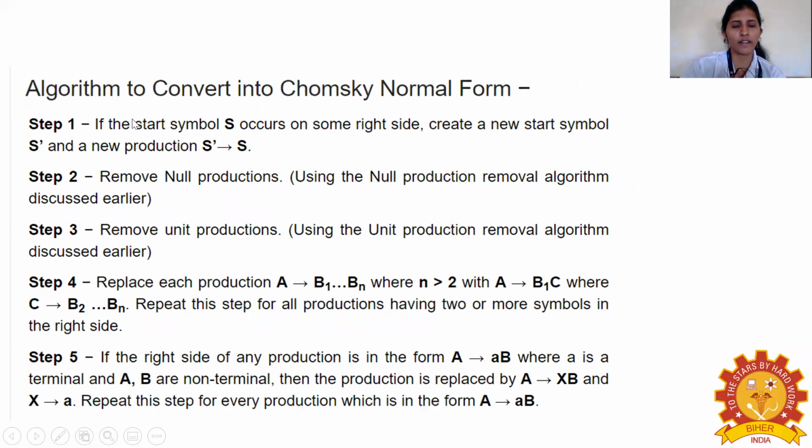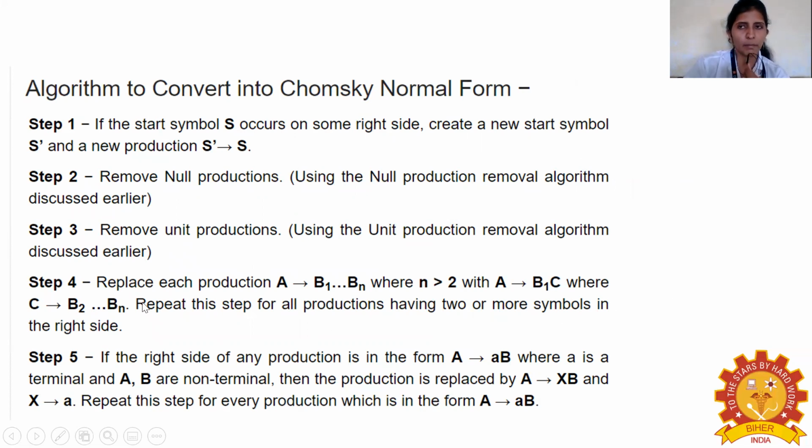This is the algorithm to convert into a Chomsky normal form. Step 1: if the start symbol S occurs on some right side, we create a new start symbol S dash and a new production S dash to S. In step 2, we remove the null productions using the null production removal algorithm. In step 3, we remove the unit productions using the unit production removal algorithm.